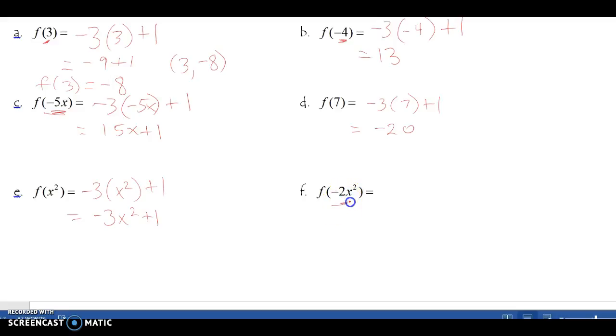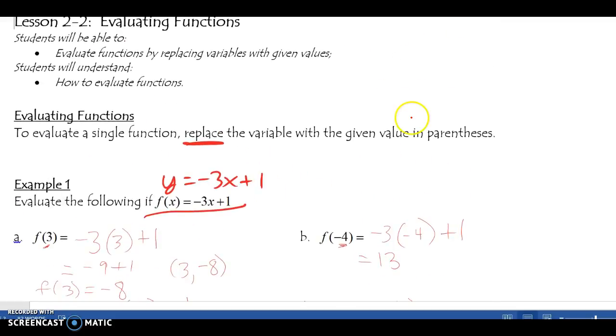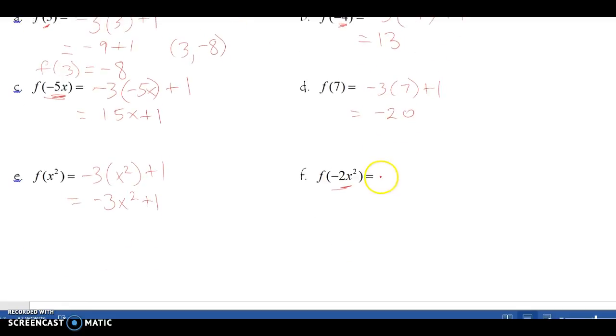Alright, so let's go through this one. The idea is the same. We're using the same rule from the beginning for f of x, which is negative 3 times whatever x is plus 1. So we replace and then simplify. And we get the new expression, 6x squared plus 1.